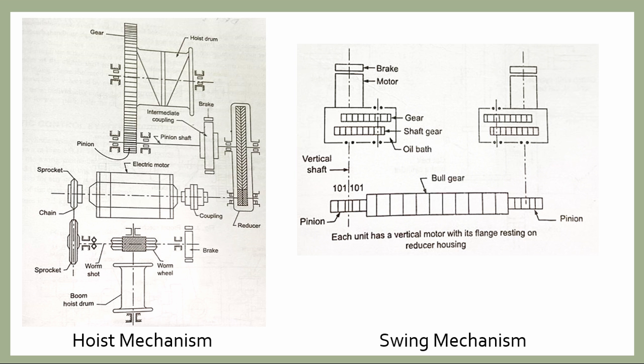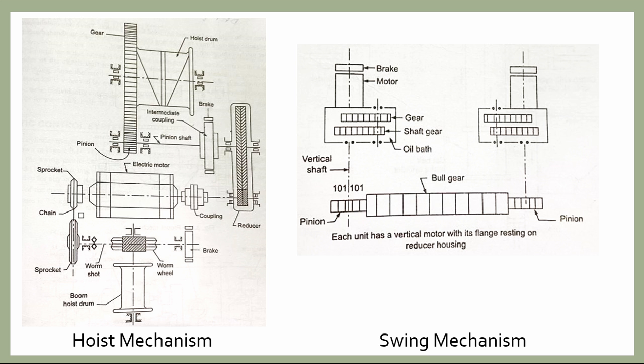In the hoisting mechanism, here you can find this one is the gear. Here are the hoisting drums. This one is called the brake, and in between the brakes this one is the intermediate coupling. Here is the pinion shaft. Here is the electric motor.